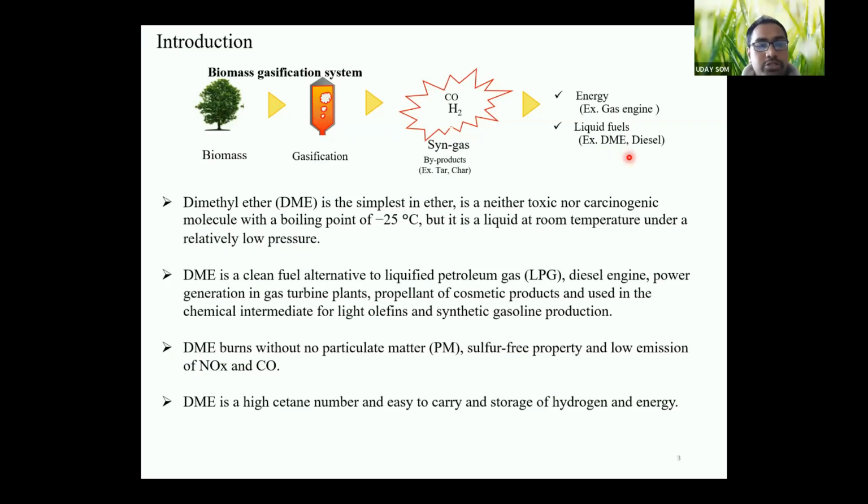In my laboratory, we produce DME, dimethyl ether. So we need to know what dimethyl ether is.